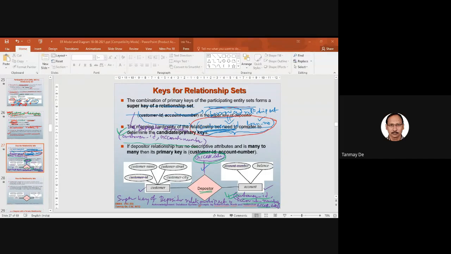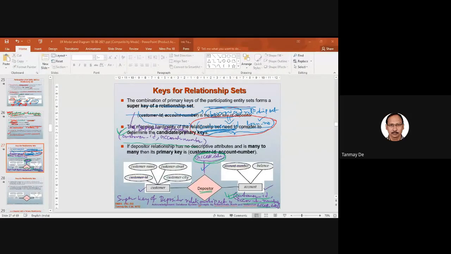So here customer ID serves as the primary key of the depositor relationship set, which is also the primary key of the customer entity set. If the mapping cardinality is one to one, at that time which one is the primary key? The primary key is any one of them.